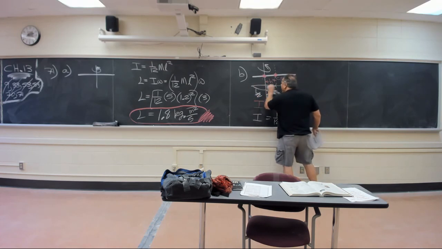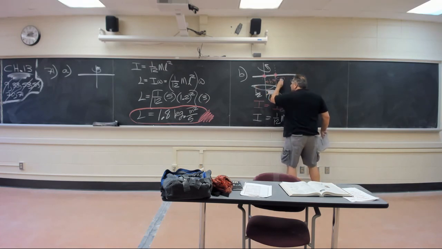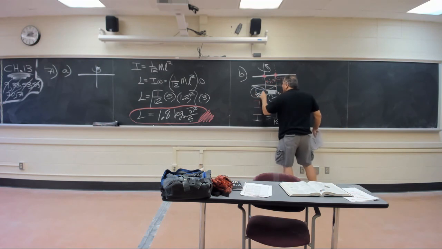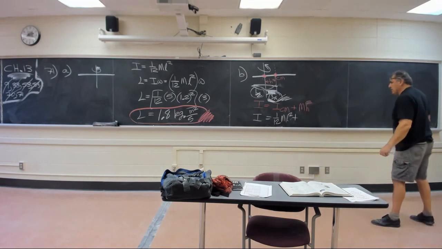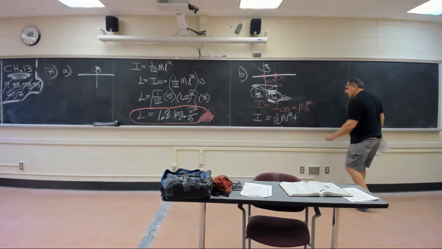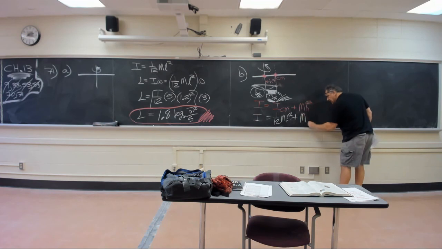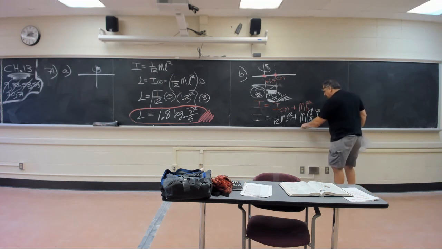If this whole thing is L over 2, half of that is L over 4. It's pretty neat.